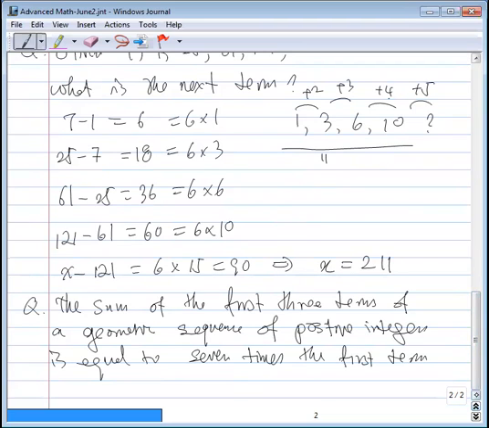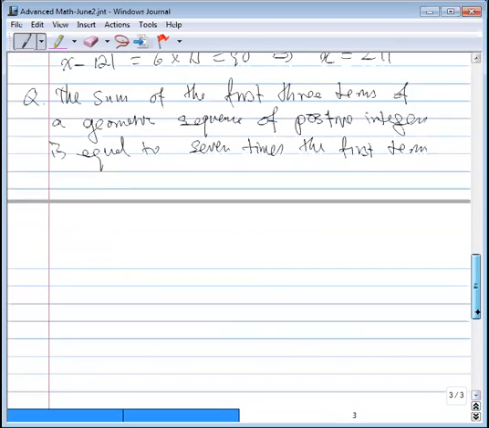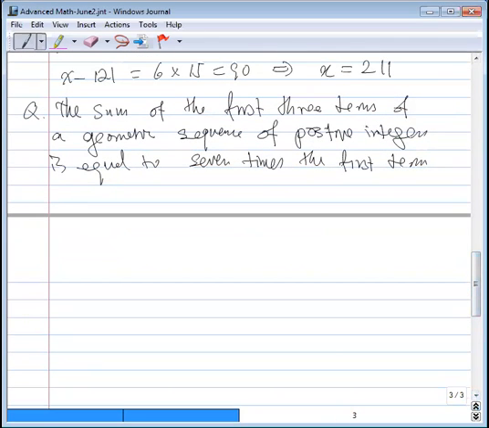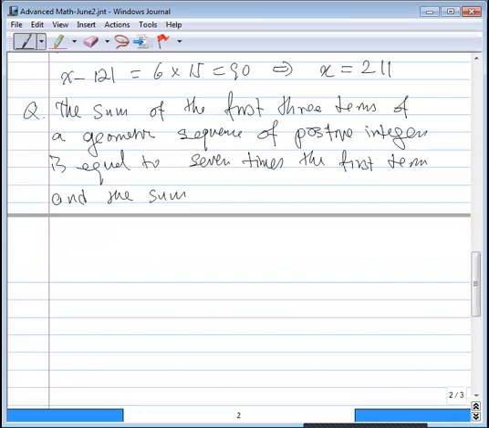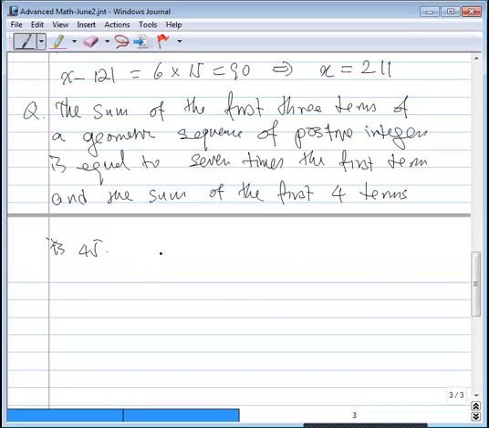Okay, that's the first condition. The second condition is the sum of the first 4 terms is 45. Okay, what is the first term?